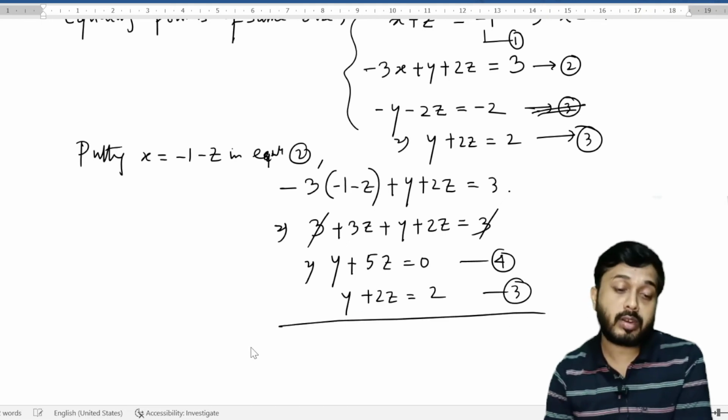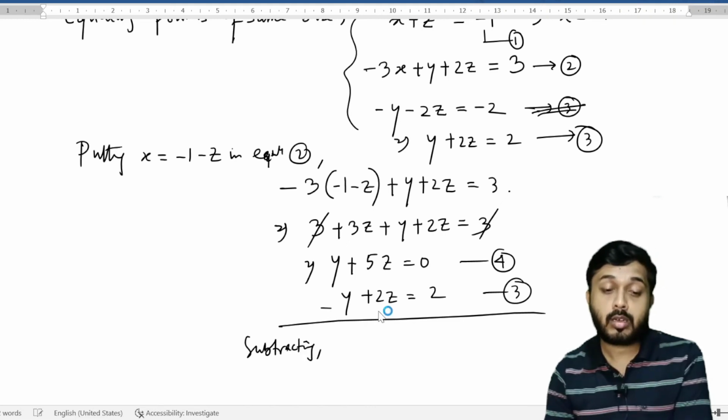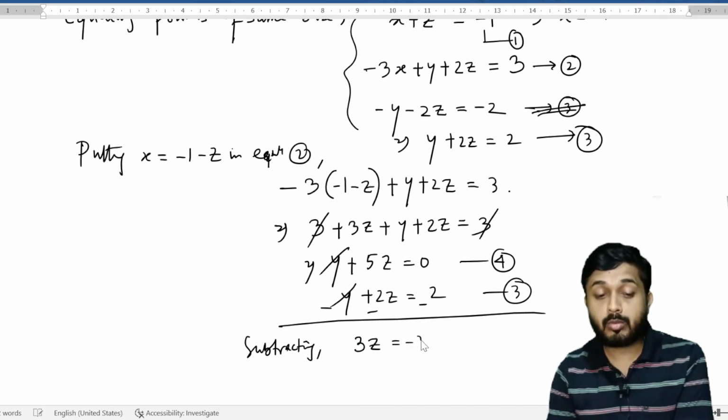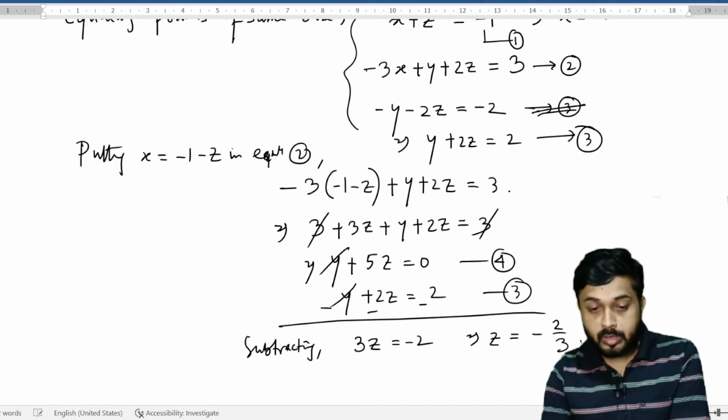Then we subtract, cancel out the y's, so we get 3z equal to minus 2 or z equal to minus 2 by 3, right?